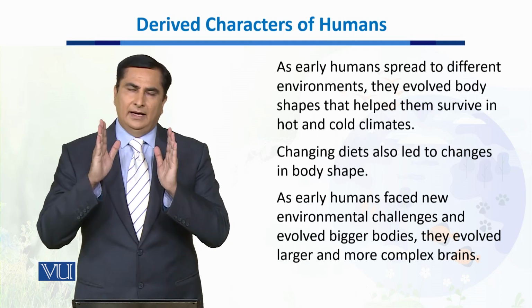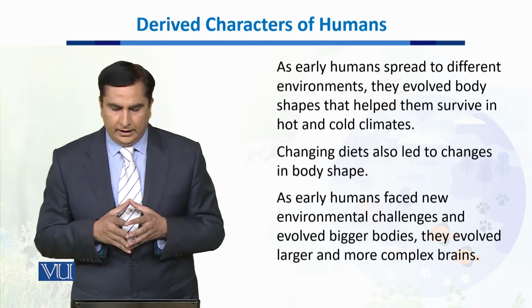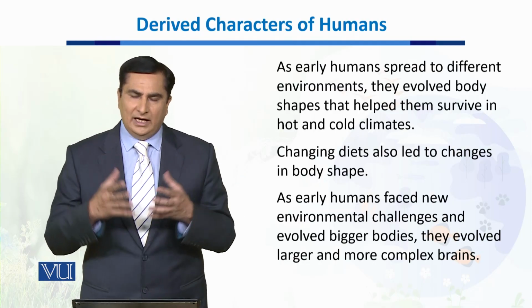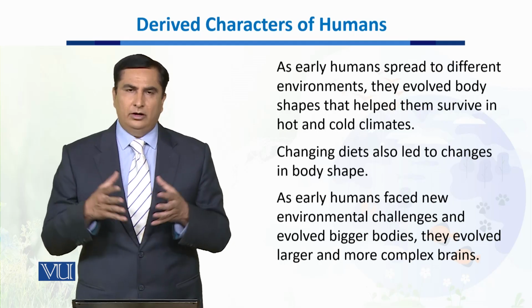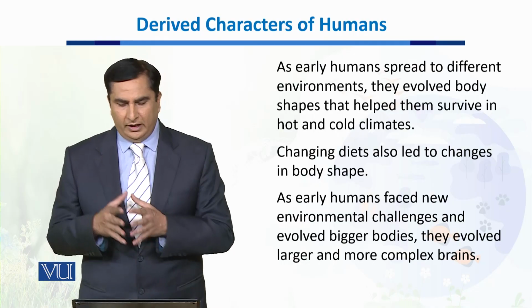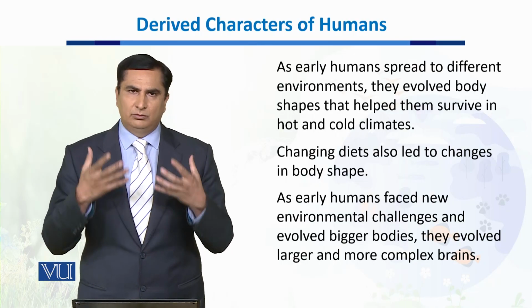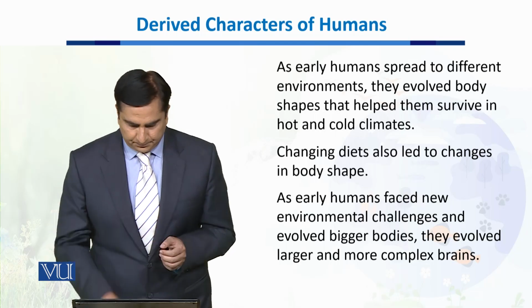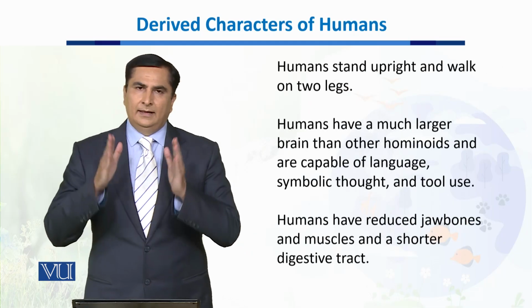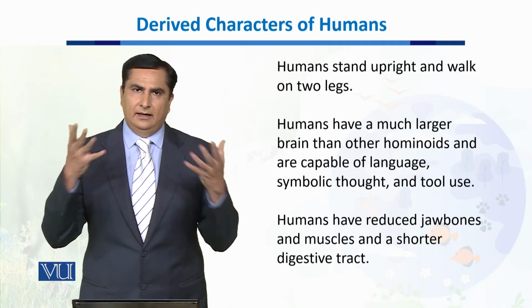And as the early humans faced evolutionary environmental challenges, in order to cope with those challenges, they evolved bigger bodies and they evolved large as well as more complex brains. Now, due to this complexity of brains, they started learning many things.